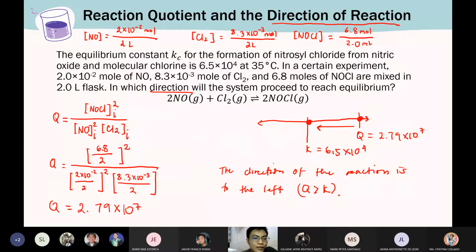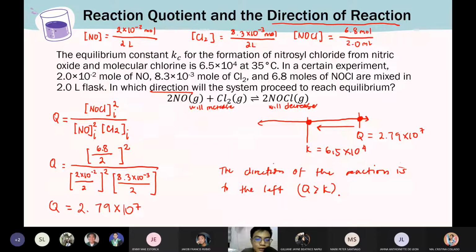Okay, kasi ganito. Di ba alam natin yung direction ng reaction? So, in this problem, to the left, ano meaning nun? Pag to the left yan, itong product mababawasan, will decrease. Tapos ito, madadagdagan, will increase in concentration.